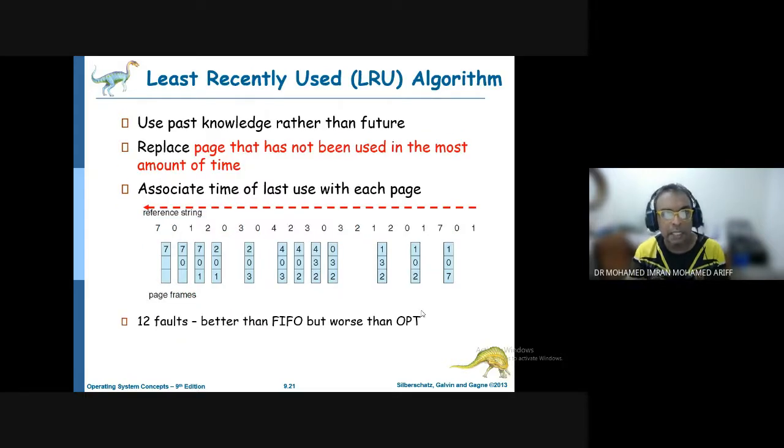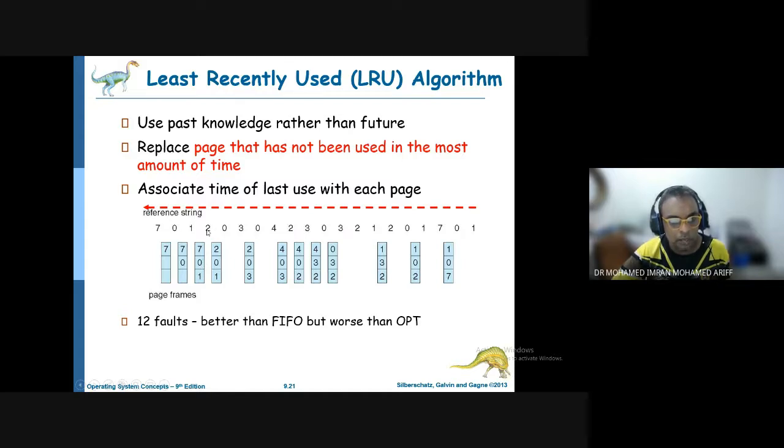Next, we use least recently used. That means we are looking at the pages that has not been used in the most amount of time. We look behind. Okay. 7, 0, 1. Okay. Next, kita nak masuk 2. So, either 2 masuk dekat 7, either 2 masuk dekat 0, either 2 masuk dekat 1.